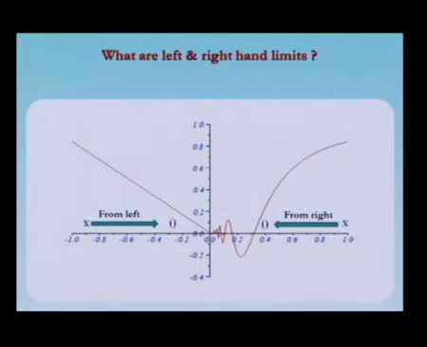If you look at the graph, we can see that when x is reaching 0 from the left side of 0, f(x) is reaching 0, and when x is reaching 0 from the right side, in this case also f(x) is reaching 0. So f is reaching the unique number 0 when x is reaching 0 from both the sides. So f has the limit 0 as x tends to 0.